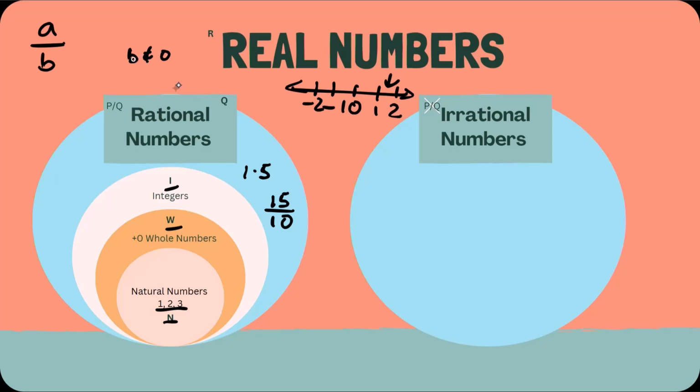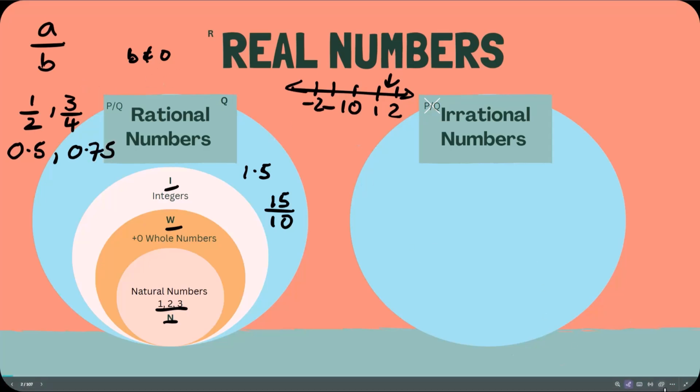For example, 2/3, 1/2, 3/5, these are all examples of fractions. Another representation of fractions is 0.5 and 0.75, which are decimal representations. So that's about fractions.